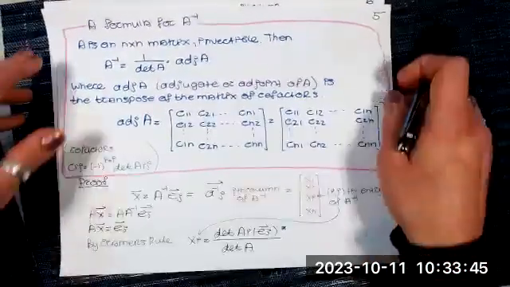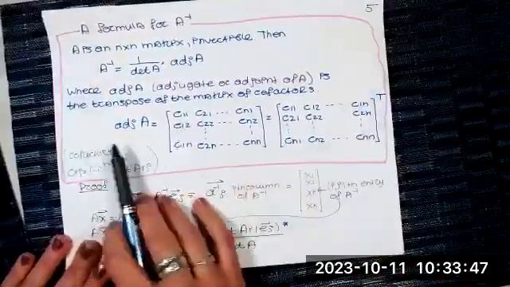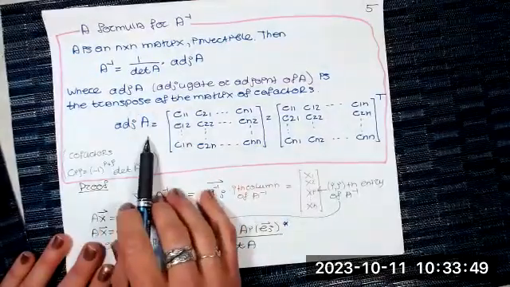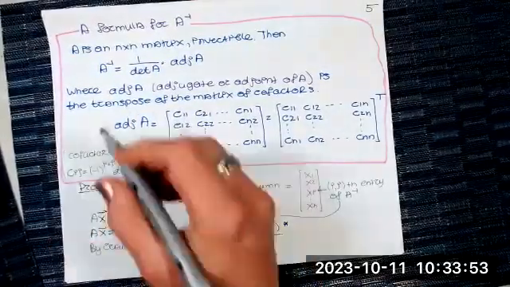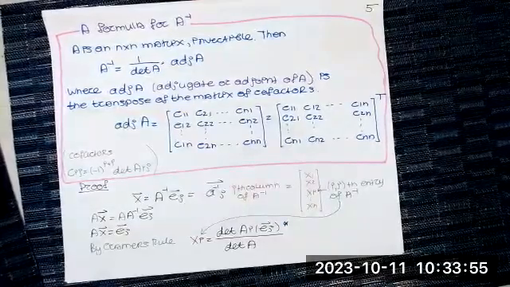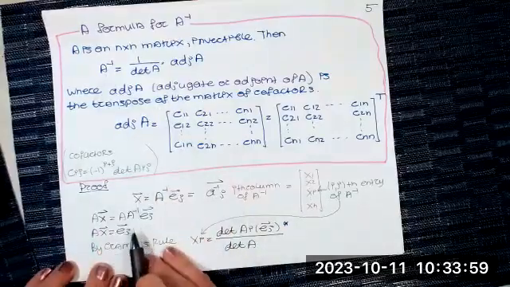Now, to prove this, it's not too hard, but it kind of helps looking at matrices a little bit. In order to get this formula, what we did is we tried to express each one of the components of A inverse, right? What were my components of A inverse?